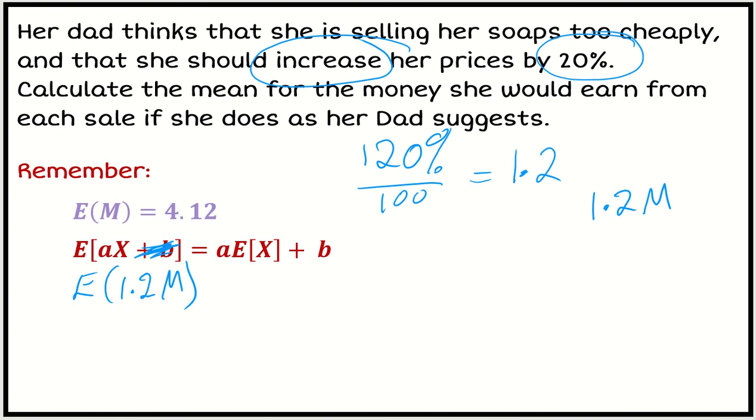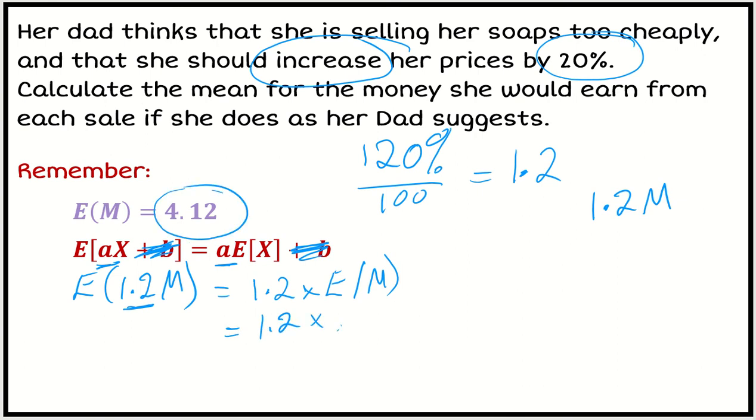I'm not adding or subtracting any amount, so I can ignore the plus b for this example. But I do have a value of a, and the number in front of the variable is 1.2. I'm going to multiply that by the expected value of m. So 1.2 times 4.12, and that will give me a mean of $4.94. So that would be the new mean if she does as her dad suggests and increases her price by 20%.